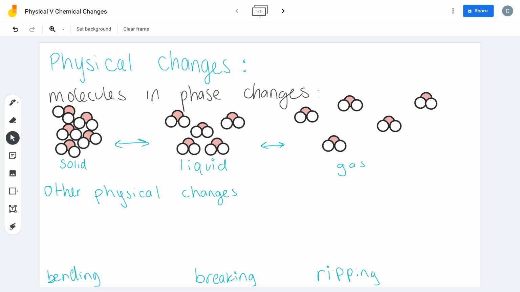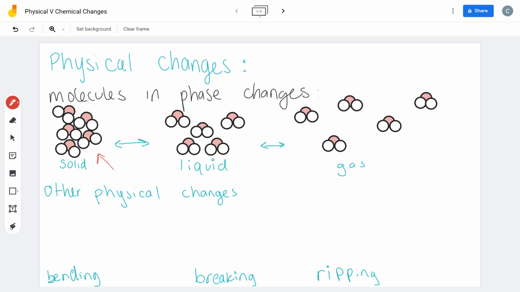And I have made a little diagram for you guys of the molecules in phase changes. So these are water molecules that I made, but they could really be any type of molecule, but I modeled them after water. And so when they're in a solid, like right here, they are tightly packed together.